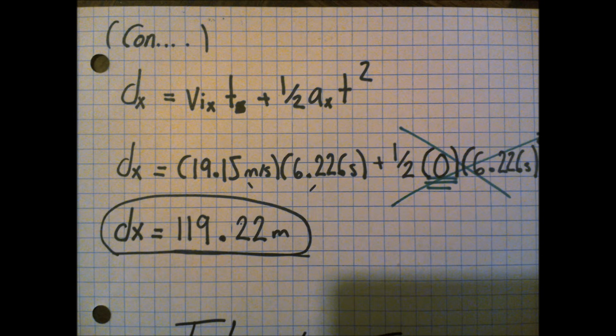So that is what we will do, with dx equals vix t plus 1/2 ax t squared. We plug in the numbers for vix, which is 19.15, and for t, which is 6.226 seconds, plus 1/2 times 0 for ax, and 6.226 for time.